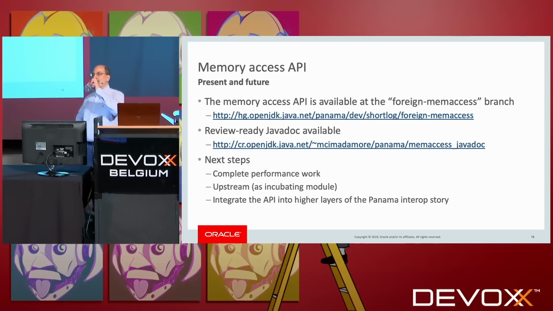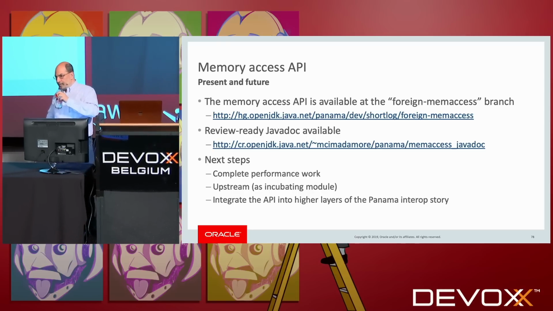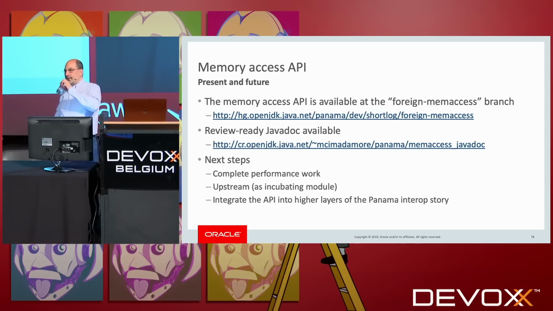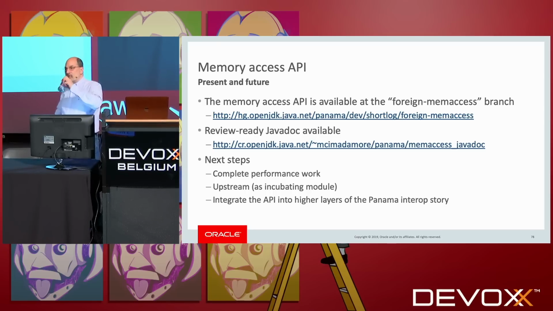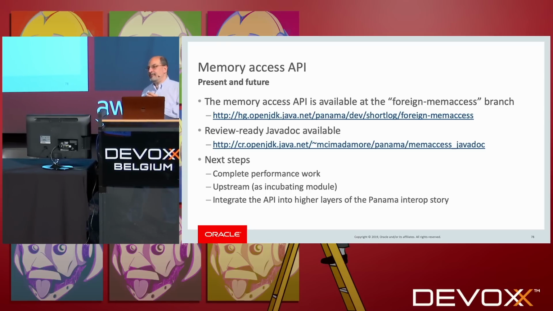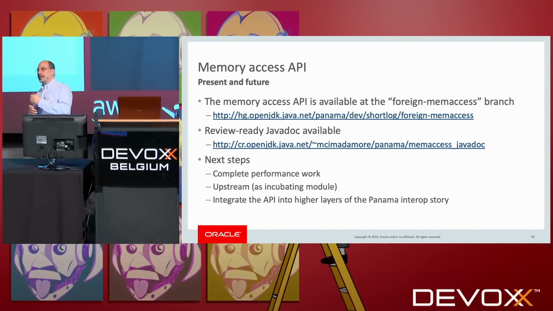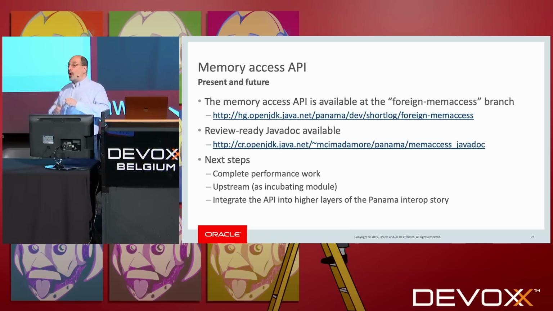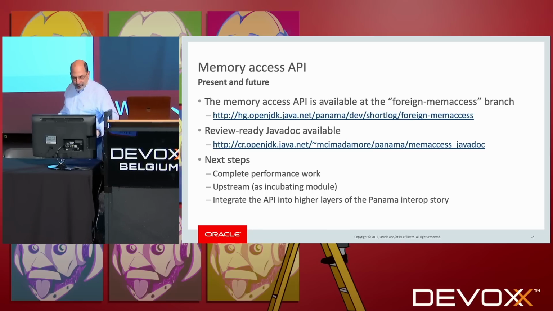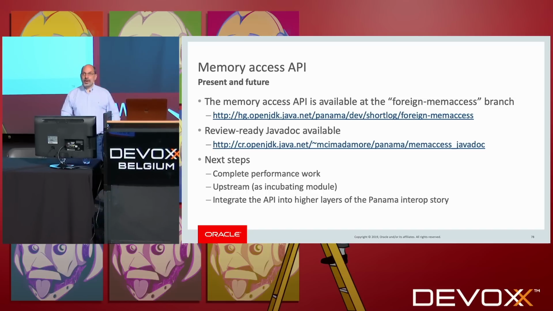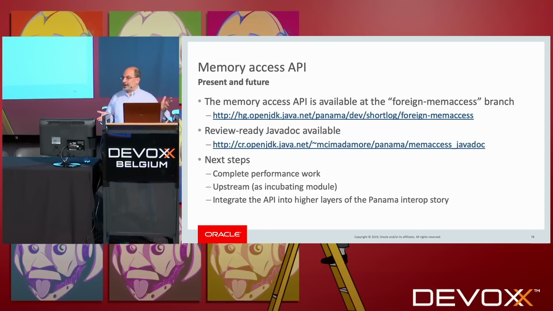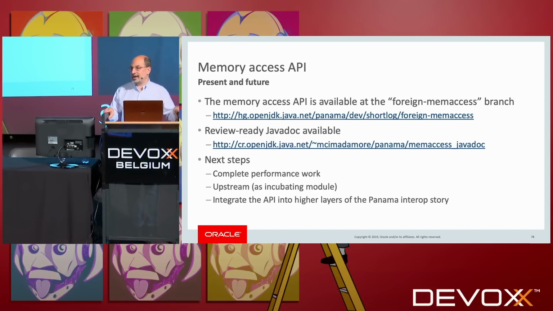Question? Will you remove all the access to unsafe and ByteBuffer in the JVM with this thing? So the question is, will we remove ByteBuffer and unsafe after this works? In the JDK libraries, in our own libraries. So there's nothing wrong with ByteBuffer. ByteBuffer is great for non-blocking I/O.